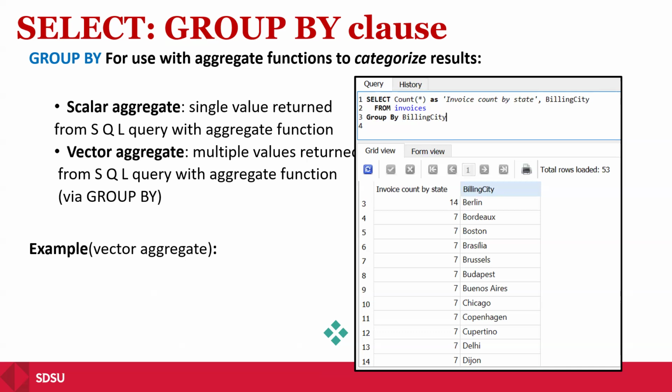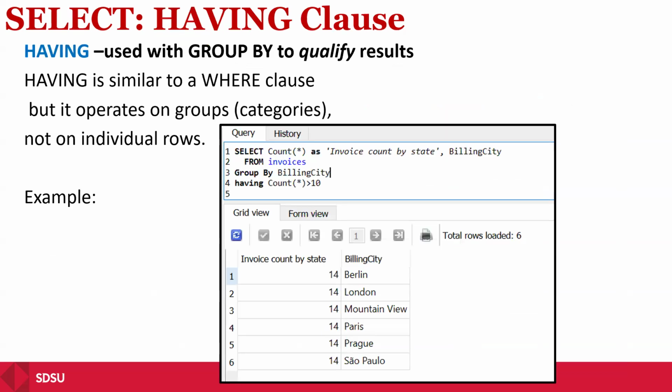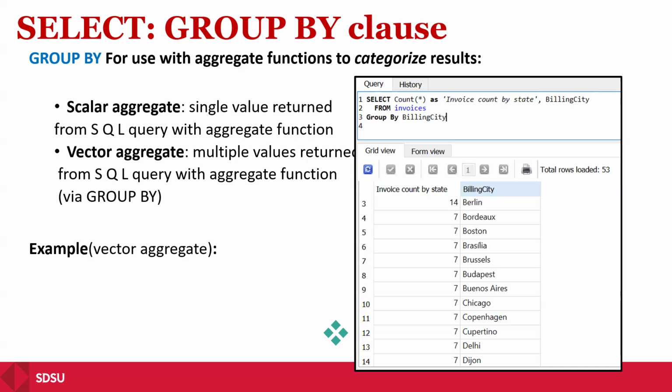With a group by expression, we can use vector aggregate, and that's an example of vector aggregate. We also can use scalar aggregate. A scalar aggregate returns a single value from aggregate functions.